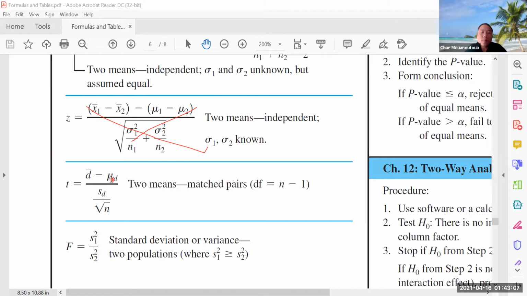Here we assume the program works for everybody, for the whole population who take the program. So that's why we claim that the mean for all the people who will take the program is based on the differences.